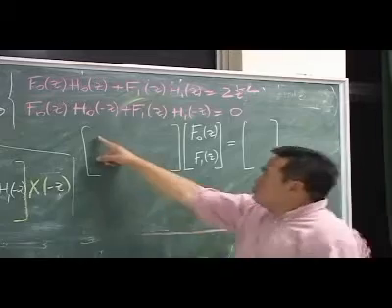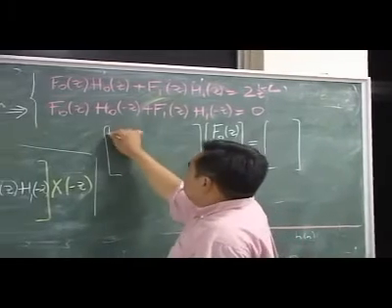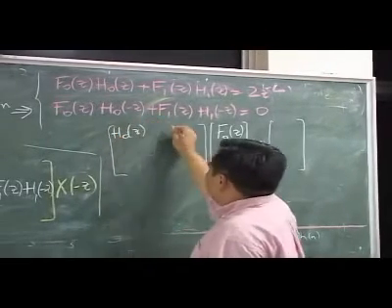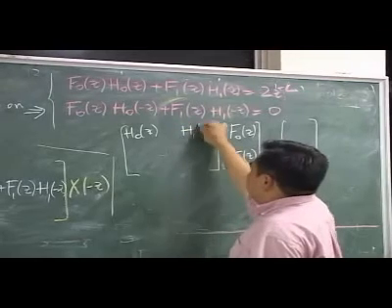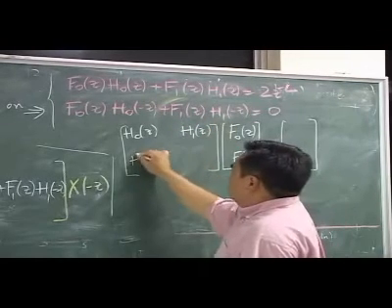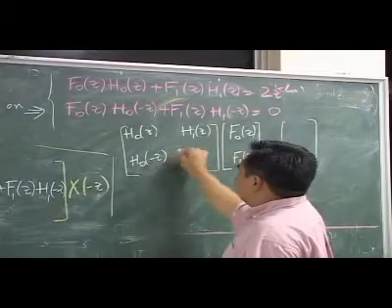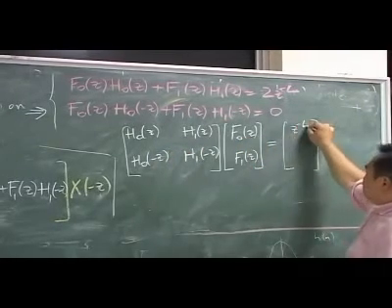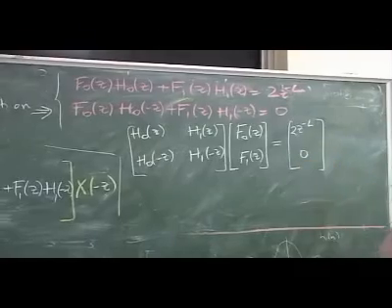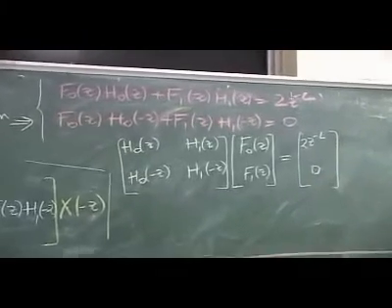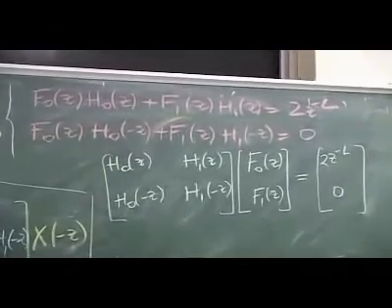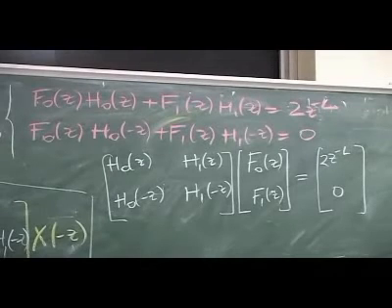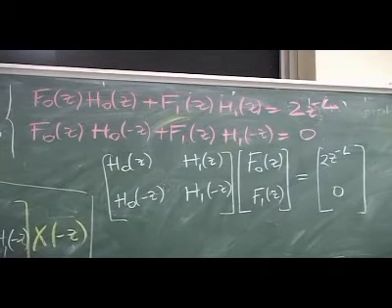So what do I have here? X naught, X1, this is X1 of minus Z. So this form is very clear.